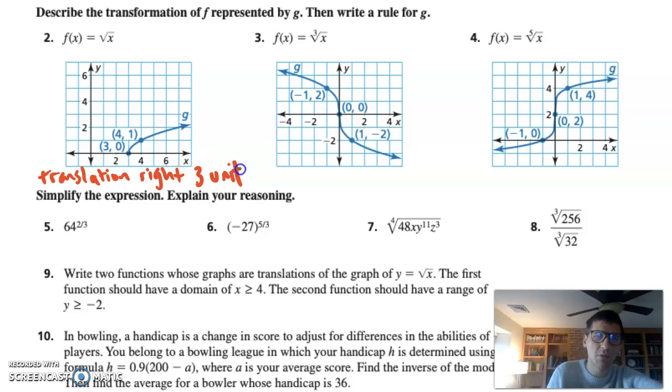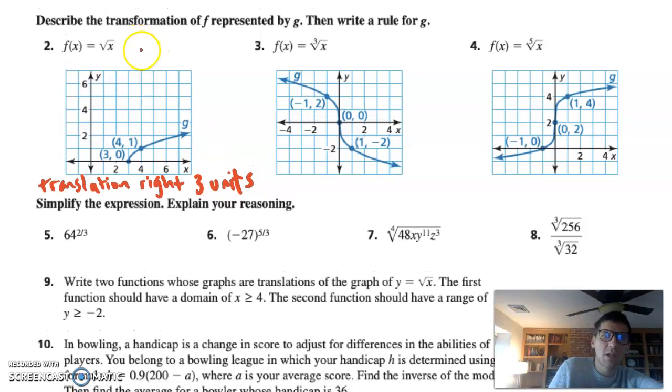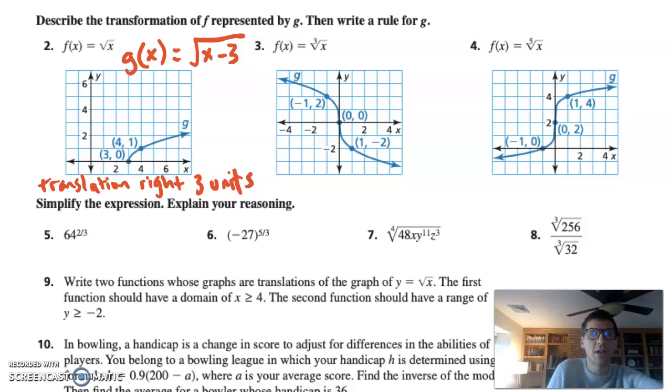And that seems to be the only one. And so we could then say my rule g of x, well, how would I translate 3 units to the right? Counterintuitive, so I subtract 3 on the input.